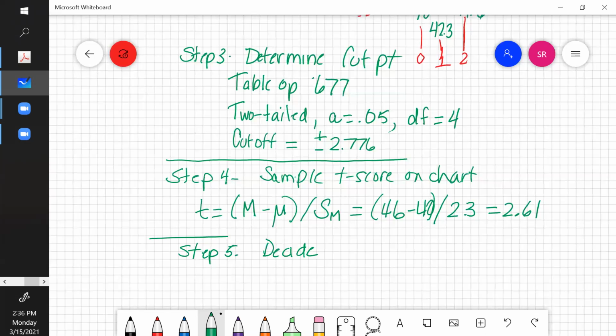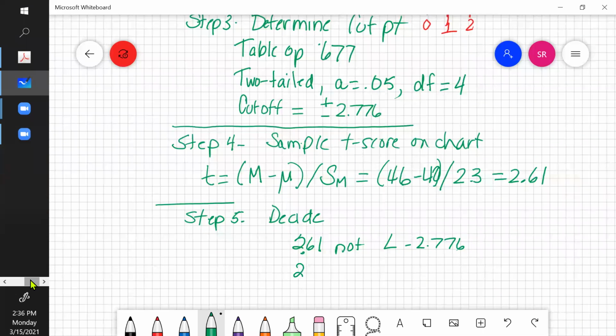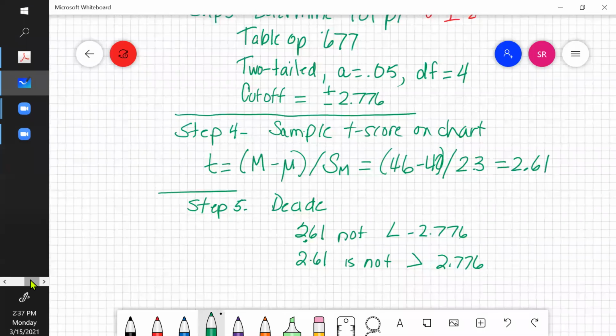Our value is actually 2.61. 2.61 is not less than minus 2.776. 2.61 is not greater than 2.776. So it's not to the extreme of either of these cutoff points.